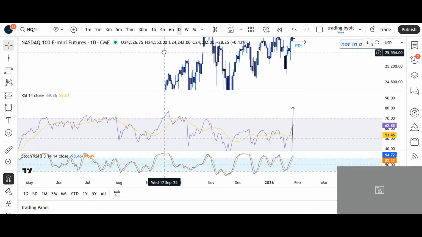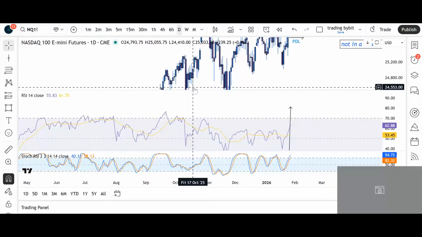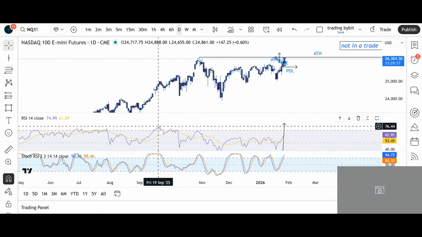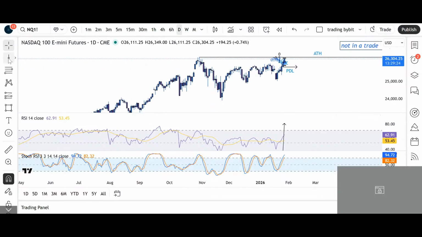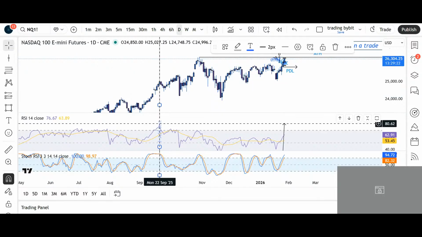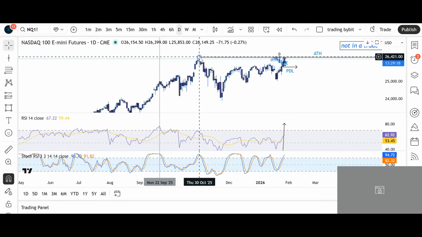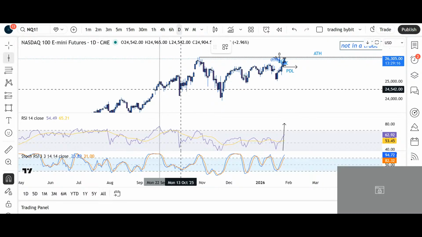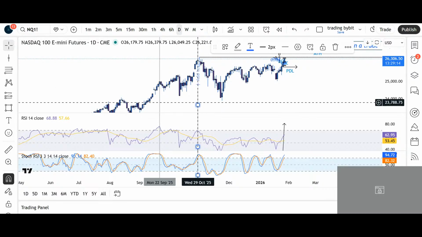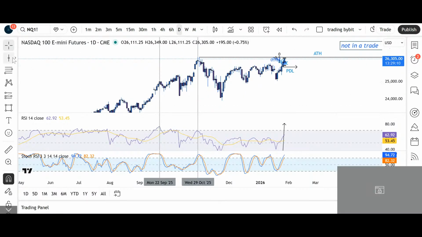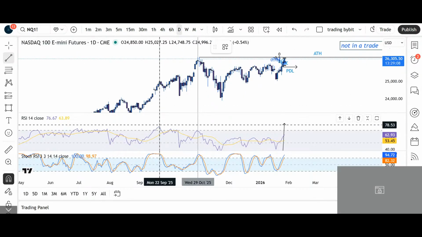I'm going to give you a clean example of a daily, and how it actually shifted. So look, this was an overbought series right here. The market still went up, all the way to here. And this is how you could recognize that the market was shifting downwards. Look what we are having on the RSI.